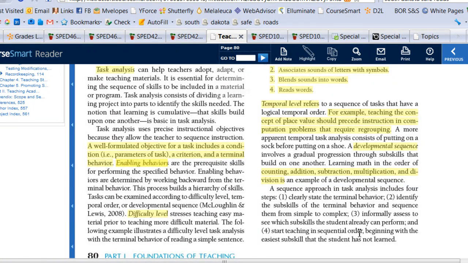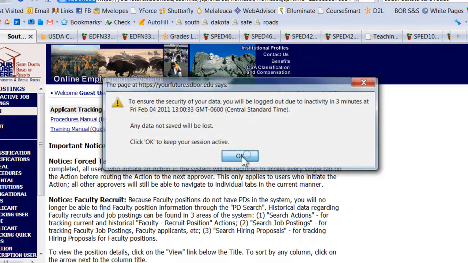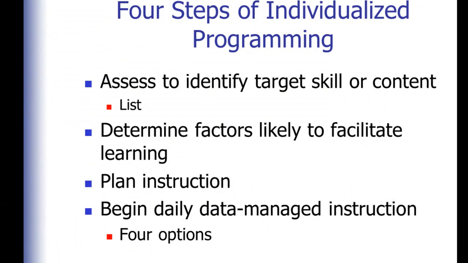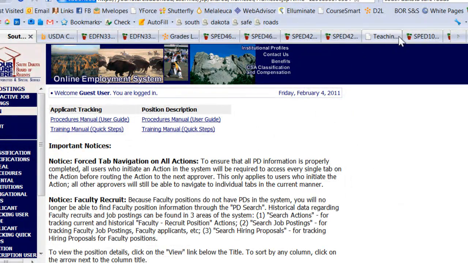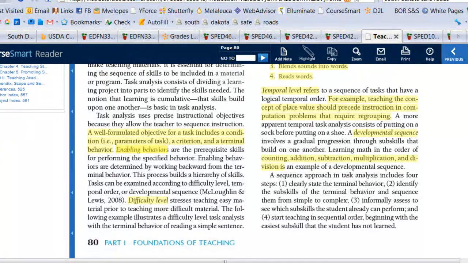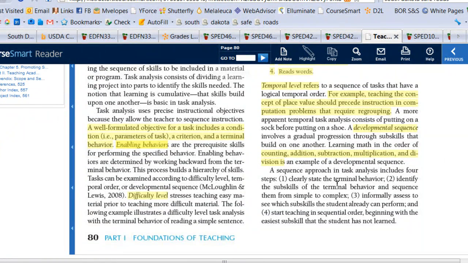The subsequent approach to task analysis clearly states the behavior, those types of things. So the steps of task analysis: clearly state the behavior, identify the skills, informally assess this, and then teach in that order.